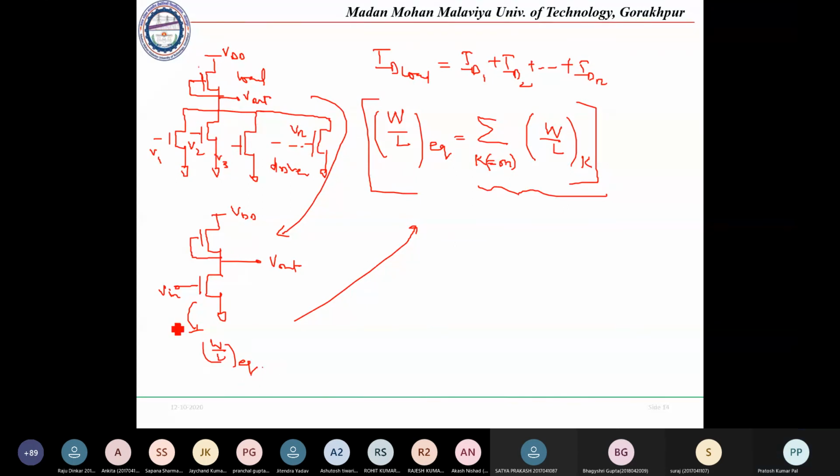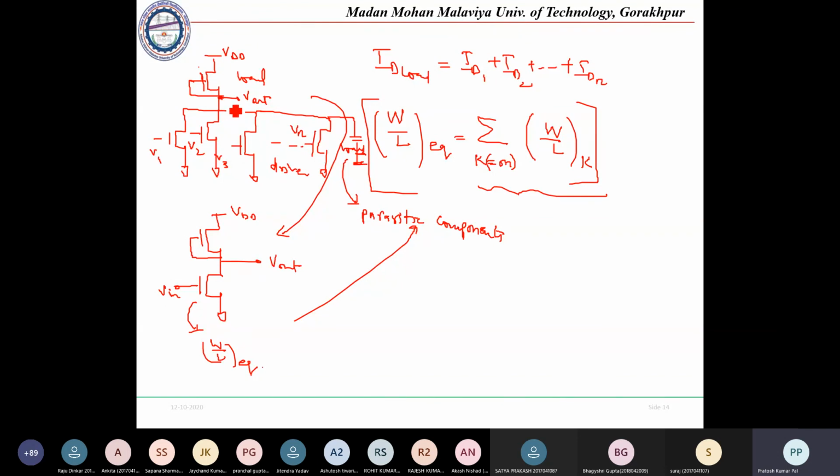In a similar way, we can do the transient analysis also. In the transient analysis, at the output there will be a capacitor, so a load capacitor will be connected. This load capacitor will have parasitic components, only those parasitic components that are connected to the drain terminal.